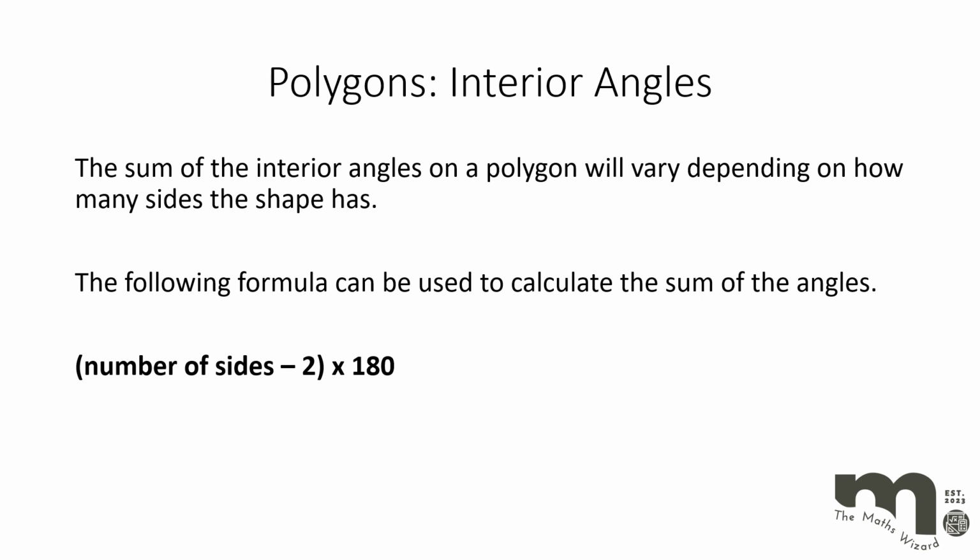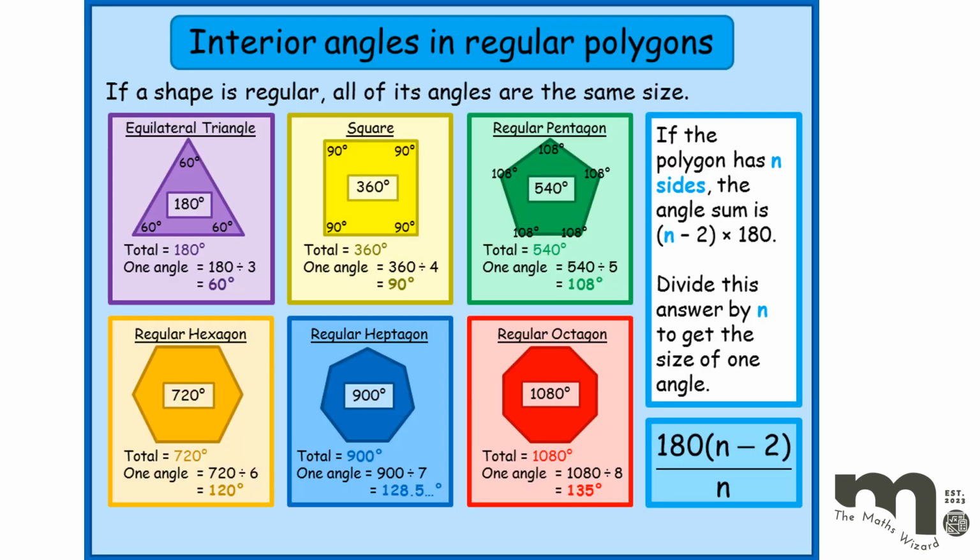So if we look at some examples of this, if we look at this one here, an equilateral triangle, any triangle has three sides and three angles. So the angles will always add up to 180. On this one, if you do 3 take 2, that will give you 1, and then you times it by 180.